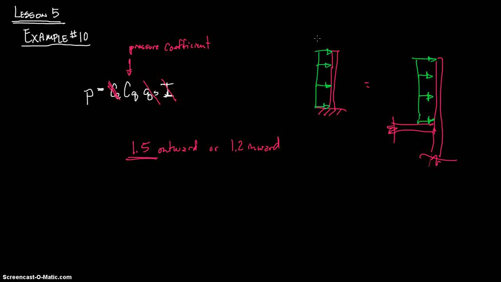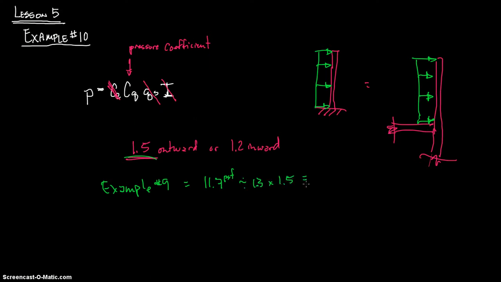Anyways, here you go. And this is going to be that P. And this, we're going to use the 1.5. Since it's larger, it will control. So, if you remember correctly, on example 9 it was 11.7 psf, and we were using a 1.3, so let's divide by 1.3, and now we're going to multiply by our 1.5.